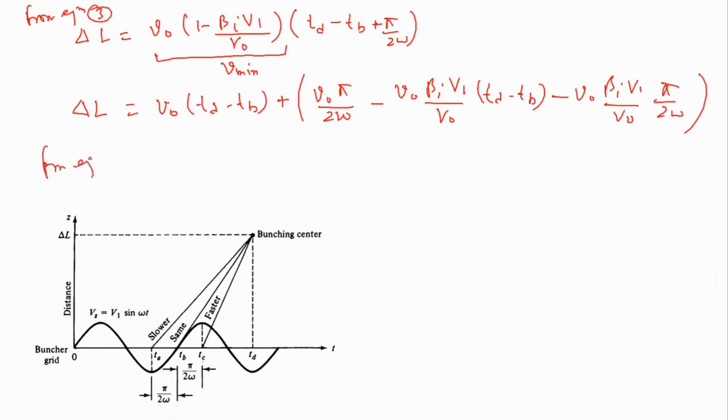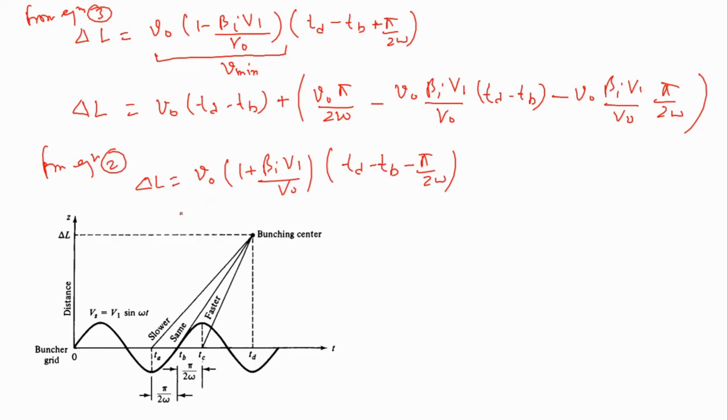Now from equation number 2, our delta L would be the maximum value, V0 into 1 plus beta I V1 divided by V0, into TD minus TB minus pi by 2 omega. This can be rewritten as V0 into TD minus TB, plus V0 into 1 into minus pi by 2 omega, so minus V0 into pi by 2 omega.